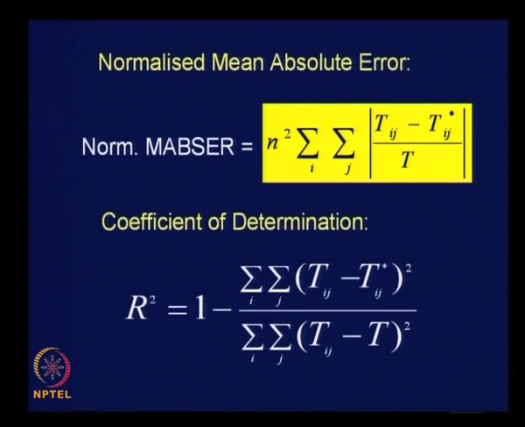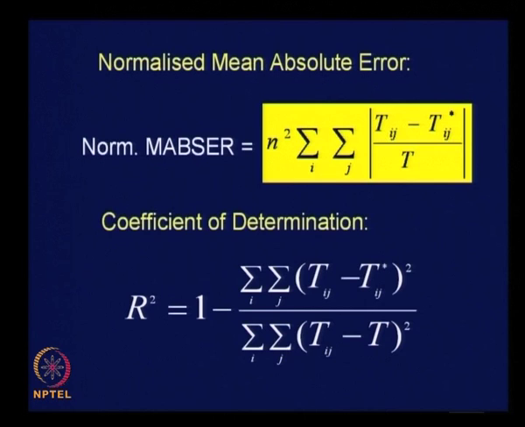R squared is given as 1 minus sigma over i, sum over j of Tij minus T star ij whole square divided by sigma again over i, then sigma over j of Tij minus T whole square.